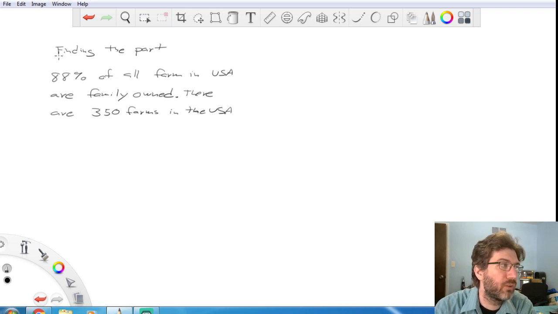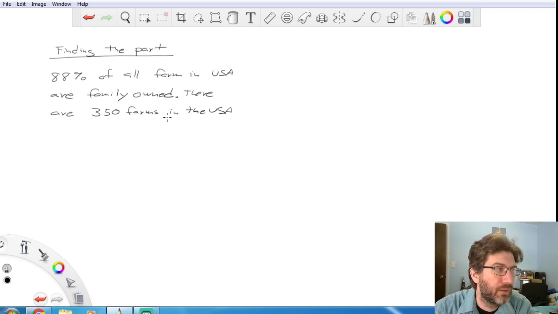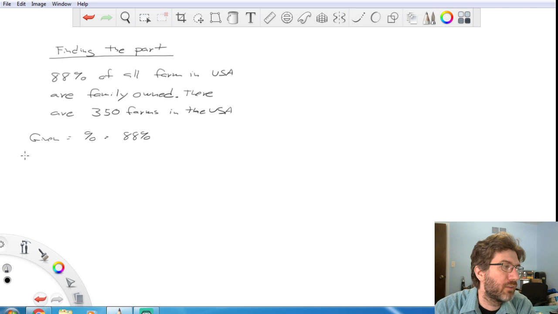So this is a find the part problem. You're given a percentage and you're given a total. So keep that in mind. You're given a percentage. In this case, that's 88%. You're given a total. In this case, that's 350 farms. And you're asked to find a part of all of it.